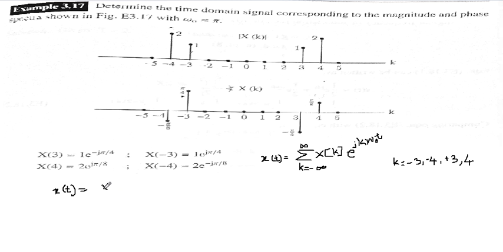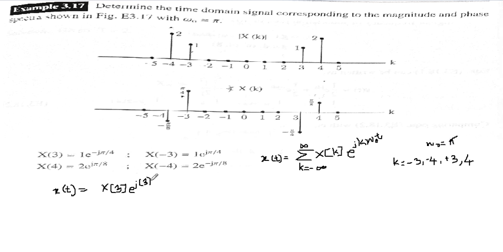So we can write X of 3 e raised to j, k is 3, so e raised to j 3 omega naught, and as omega naught is pi, the value of omega naught for this problem is pi.